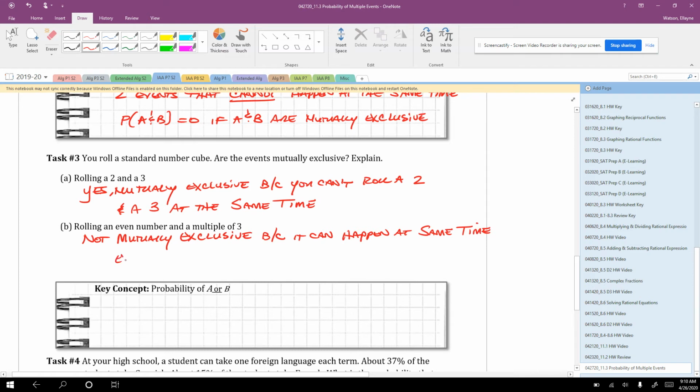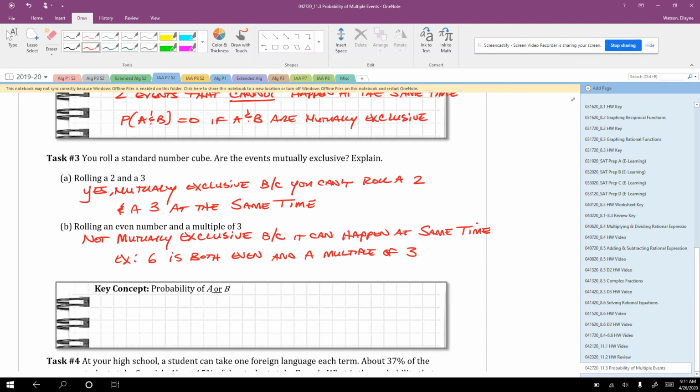Okay, so here's an example. You could roll a 6. So 6 is both even and a multiple of 3. Okay, so we would say that these two events are not mutually exclusive.